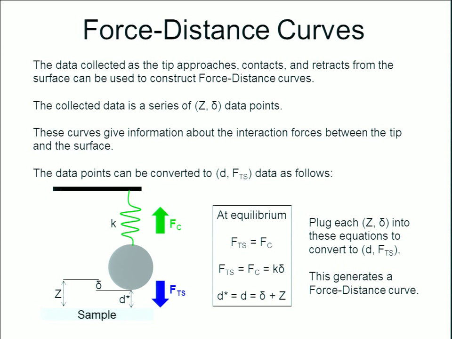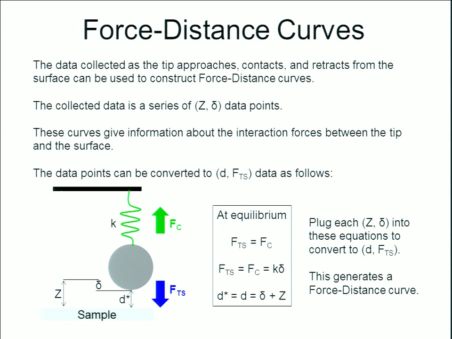The collected data will be a series of Z data points, with that delta or error signal. These curves will give us information about the forces between the tip and the surface, and the data points could also be converted, again, by plugging the numbers into these equations, to generate our final force distance curve.